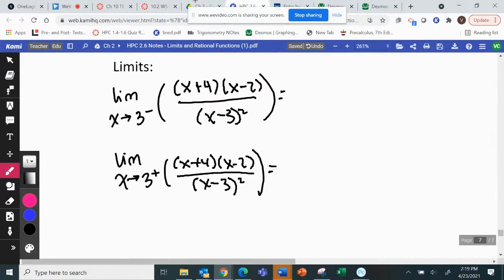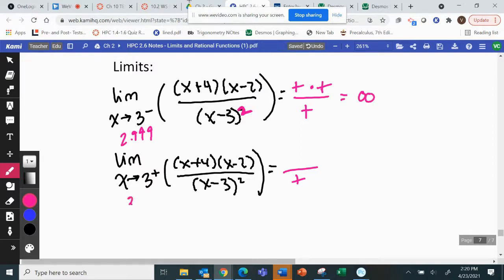So something to the left of 3, 2.999. So I'm going to plug in 2.999. I'm going to get a positive multiplied by a positive. And then I have a squared down here. So I don't even have to plug something in at all. If I have a square down there, what's for sure happening? Positive. I don't even have to think. The bottom is going to be positive for that one. So the first one is approaching positive infinity.